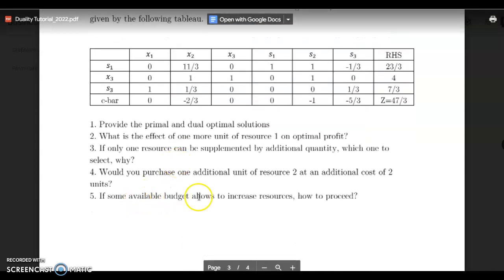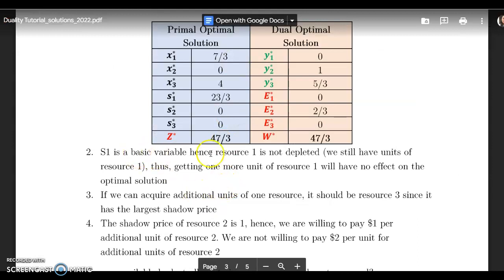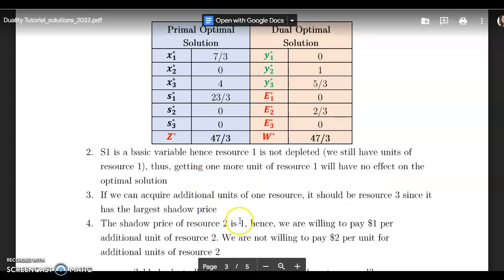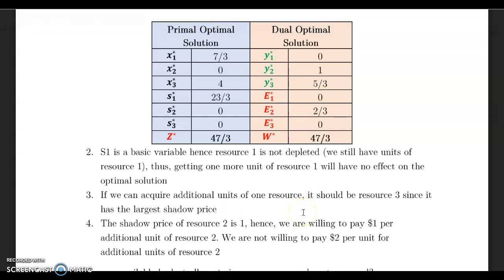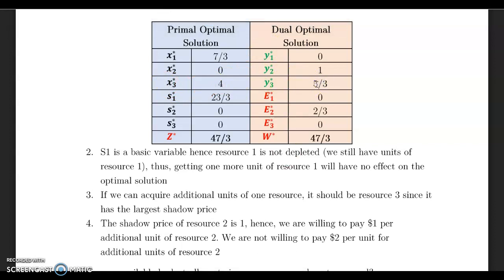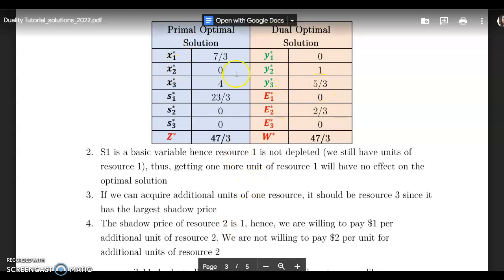And finally, if some available budget allows us to increase resources, how to proceed? As we said, we still have more units of resource 1. If we can acquire additional units, it should be resource 3, and the maximum we're willing to pay for resource 2 is $1. So primarily we will increase resource 3, since it has more reward, at the maximum price of $5/3, and resource 2 at a maximum price of $1 per unit.